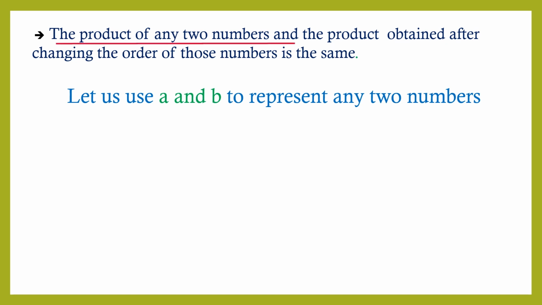The product of any two numbers, that is A into B, is equal to the product obtained after the order is changed, that is B into A. So A into B equal to B into A. So the above property can be written in a short form as A into B equal to B into A. Okay. This is the basic algebra which we use to express properties in a short manner by using letters and symbols. In higher classes, you will use this algebra to find out the unknown values.